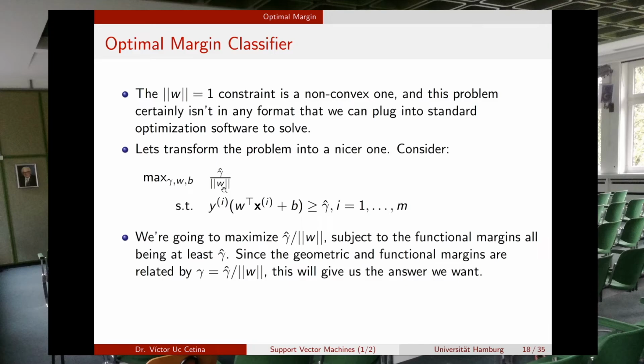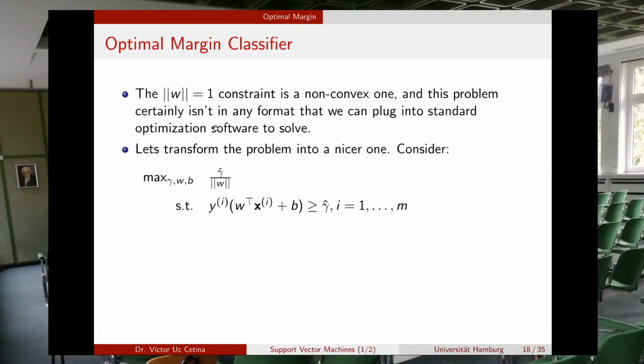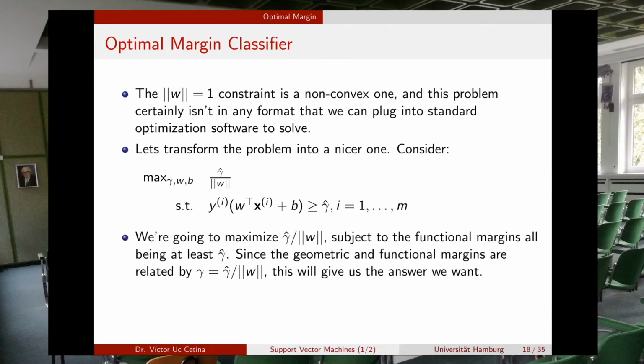In the initial maximization problem, we have only gamma, which is the geometric margin, but we know that if we divide the functional margin by the norm of W, we get the geometric margin. So we simply replace the geometric margin by the functional margin divided by the norm, and at this moment we have deleted the constraint that was non-convex.